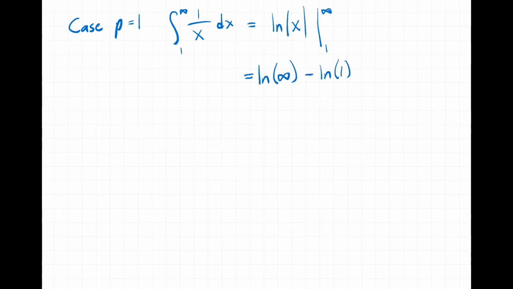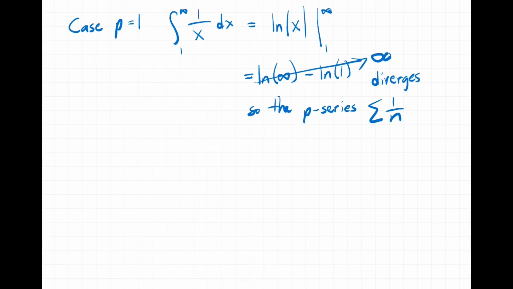But that's going to infinity. So this integral diverges. So the p-series, the sum of 1 over n to the 1, as n goes from 1 to infinity, also diverges.